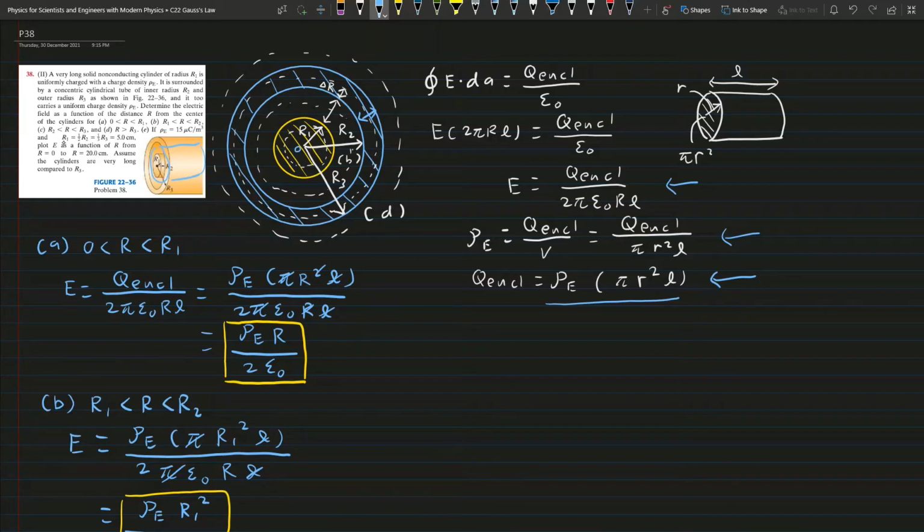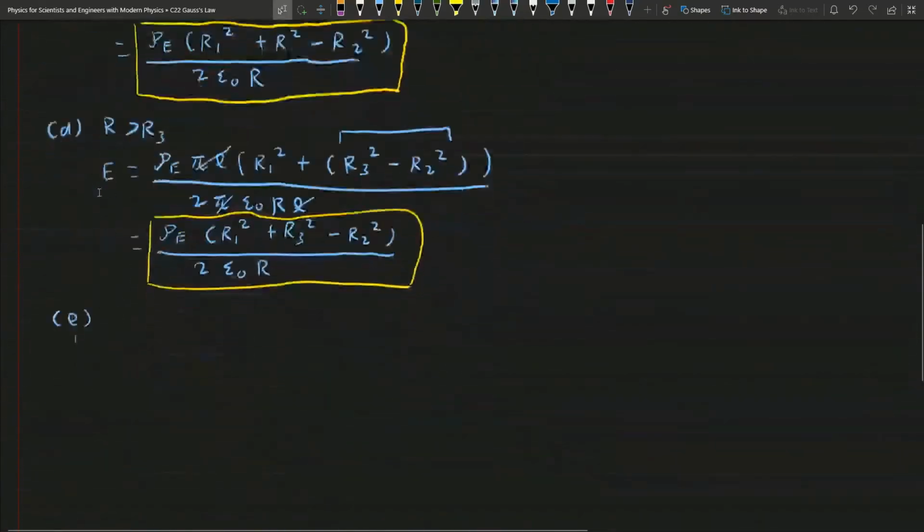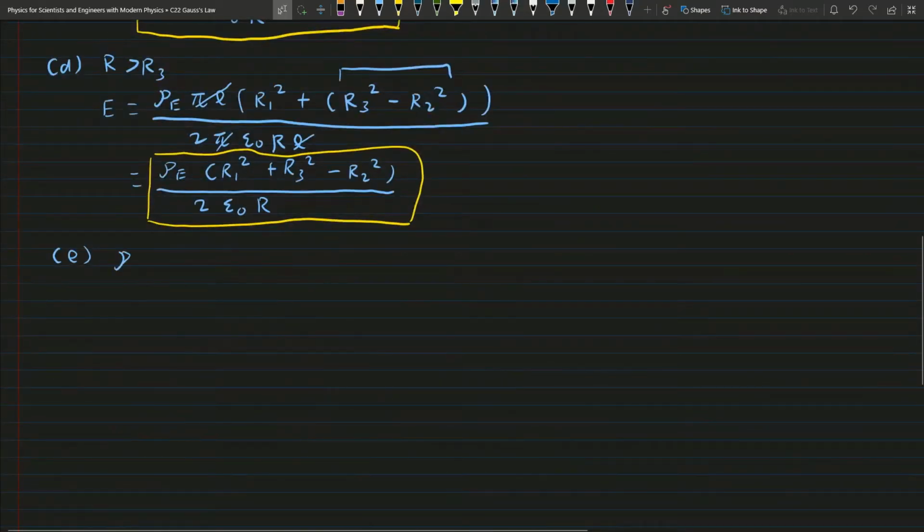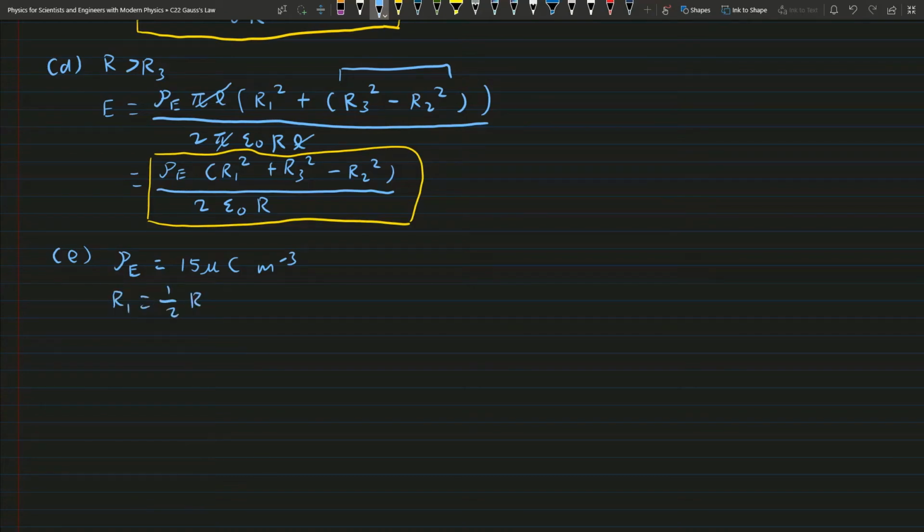Also R1, R2, and R3 are given. The charge density equals 1.5 microcoulombs per meter cubed, and R1 equals 1, R2 equals 2, R3 equals 3.